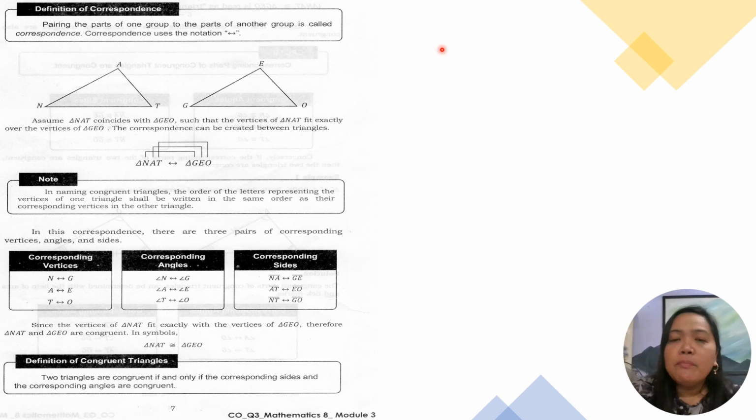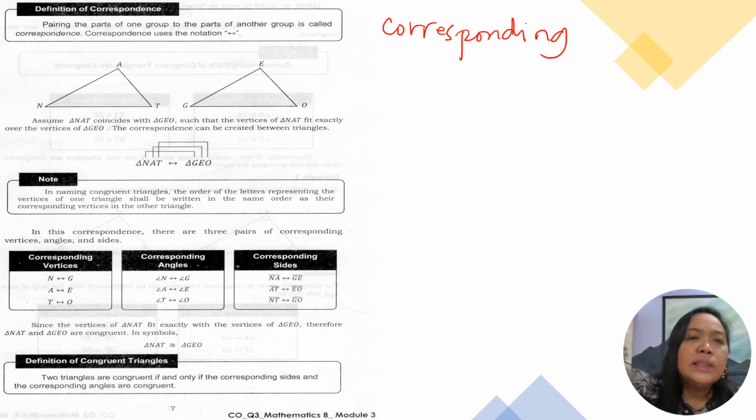So I have been using the word corresponding parts. Corresponding came from the word correspondence. So what is correspondence? What is the definition of correspondence? Pairing the parts of one group to the other parts of another group is called correspondence.